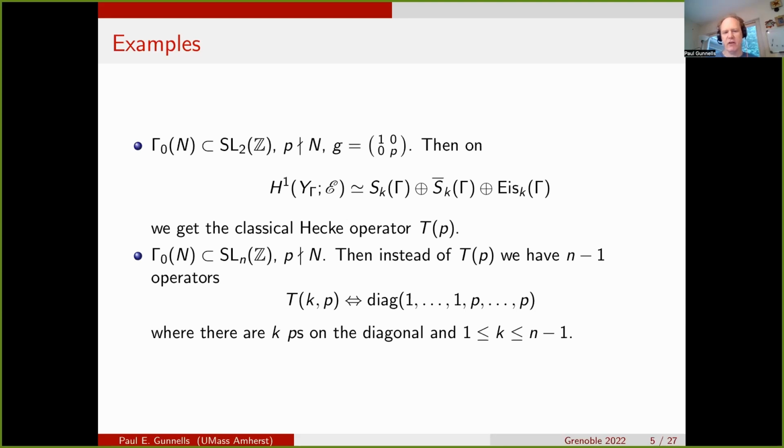So we have k p's there. I'm being a little sloppy about GL versus SL. I could have taken a different g and I would get the same thing. You could conjugate with something in the center, right? And it wouldn't change the conjugation action. So that doesn't really matter that much.